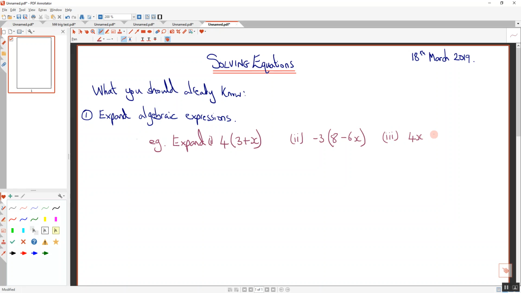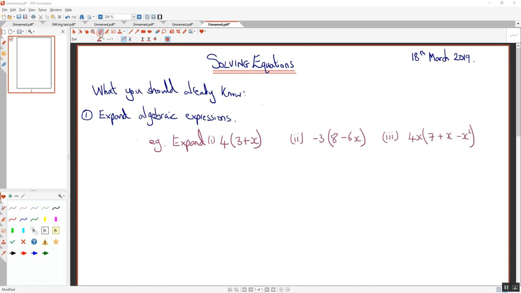And then we're going to do a triple. Okay, have a go at those for me. Bracket 7 plus x, minus x. It's a little like part one, part two, part three.